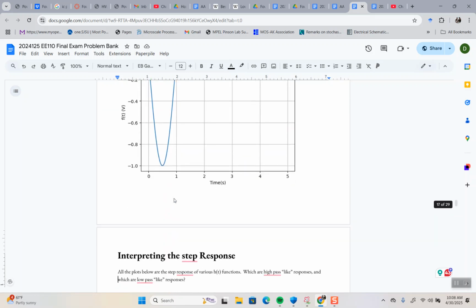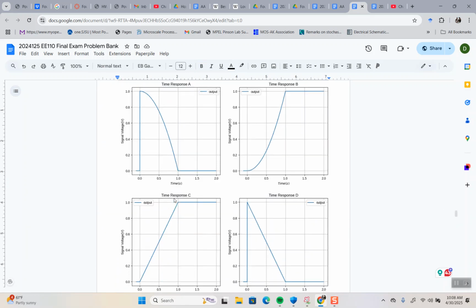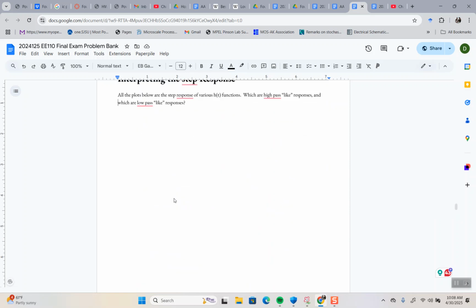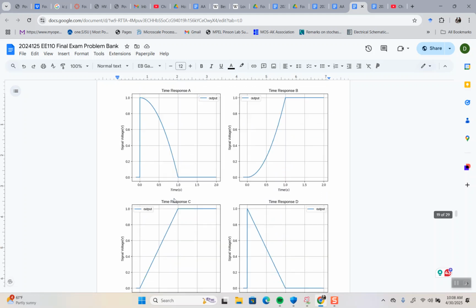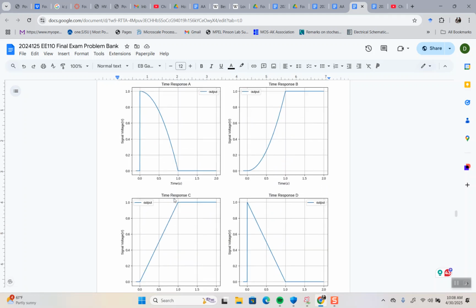Interpreting the step response. All the plots below are step responses of various filters. Which are high pass and which are low pass? Okay. So the step response is going to start at 0 and end at something, right?